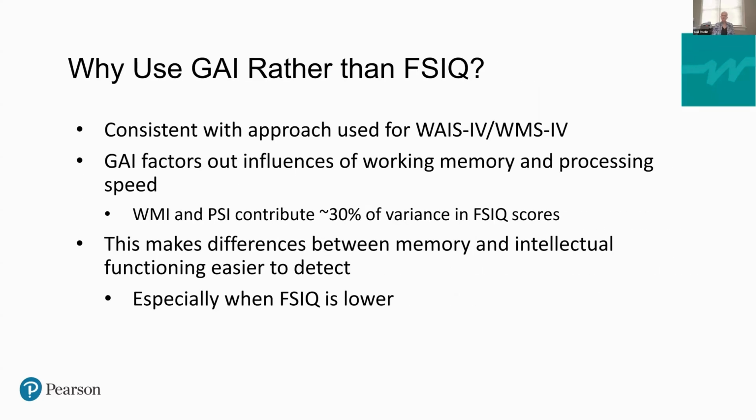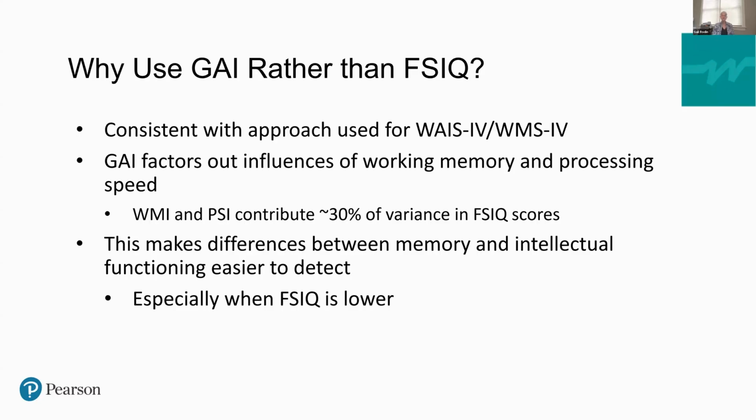You may be wondering why we use the GAI rather than the full-scale IQ for these comparisons. As you know, the GAI provides a composite score that eliminates the effects of working memory and processing speed, which together account for about 30% of the variance in full-scale IQ scores.